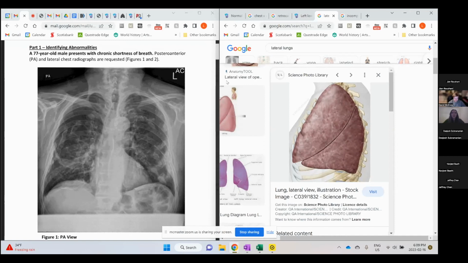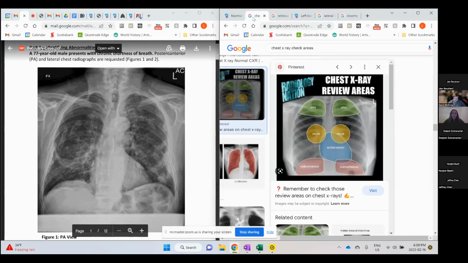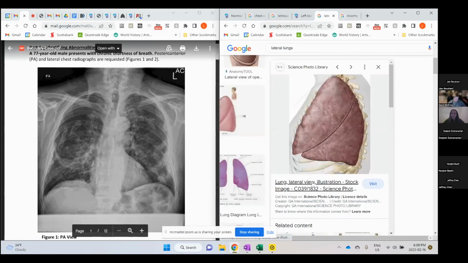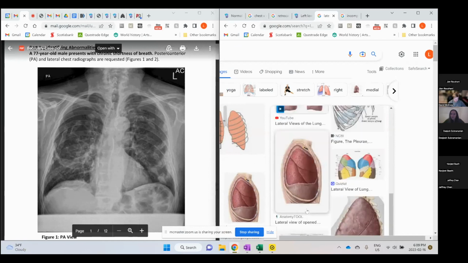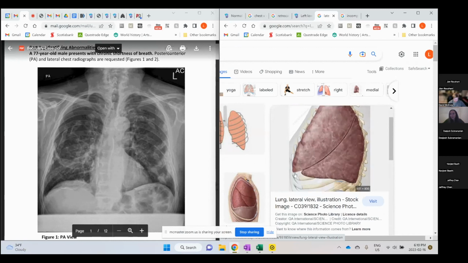And the last thing I do on x-rays is I check my blind spots, or I guess everyone's blind spots. These are the spots people most commonly miss things. Really often we forget that there's lung behind the diaphragm. These pictures aren't great, but since the diaphragm goes like this, if you can imagine, some of the lung is actually behind the diaphragm, the posterior lung.